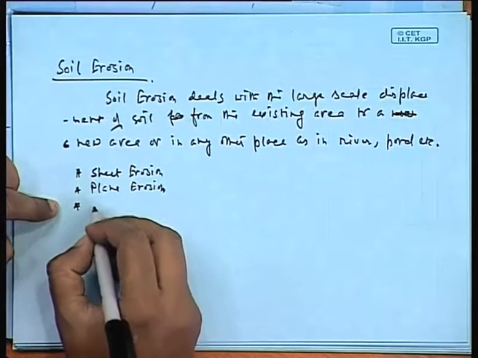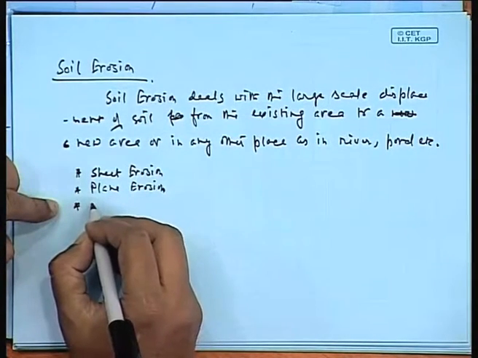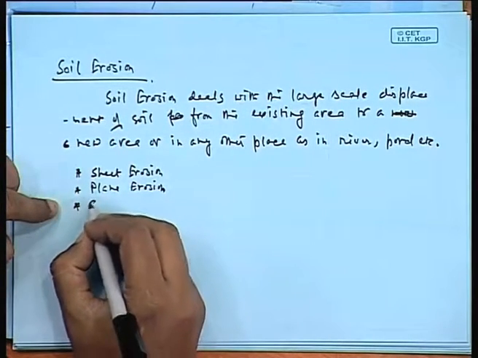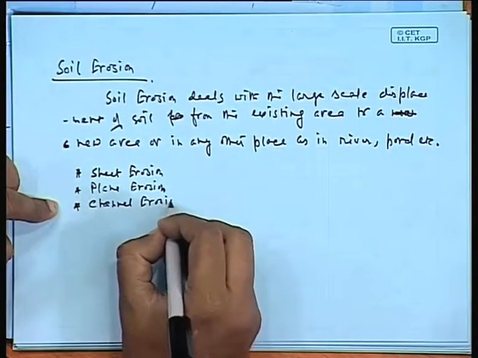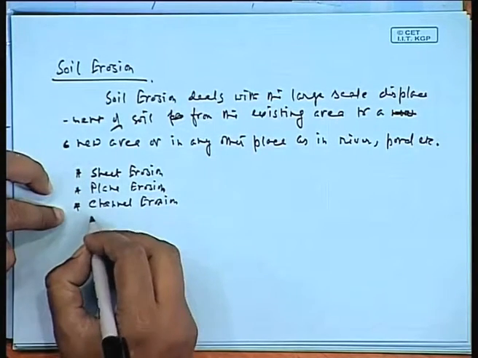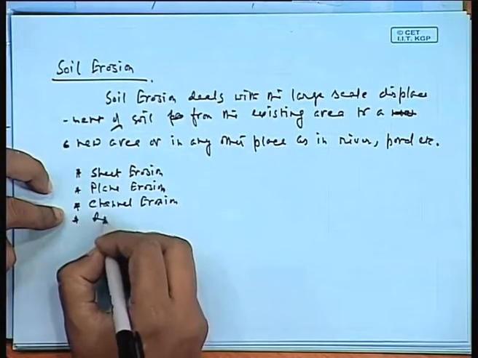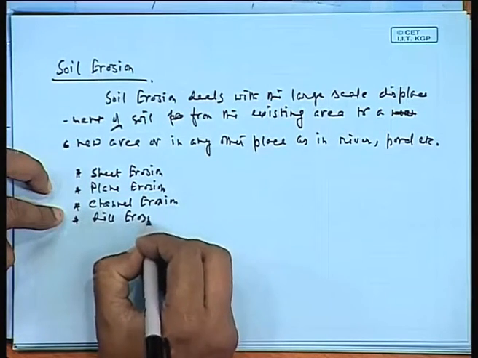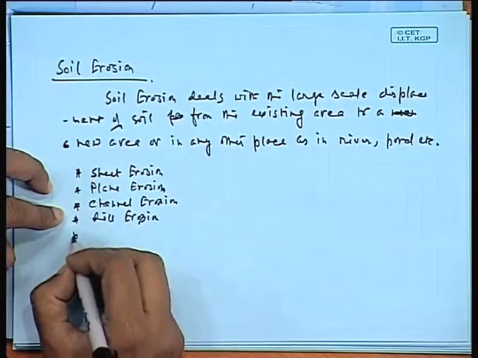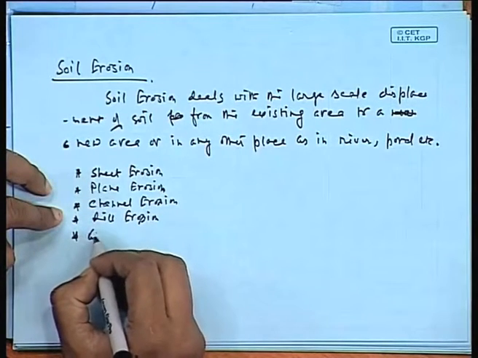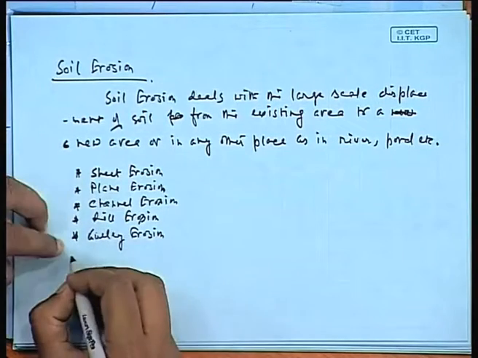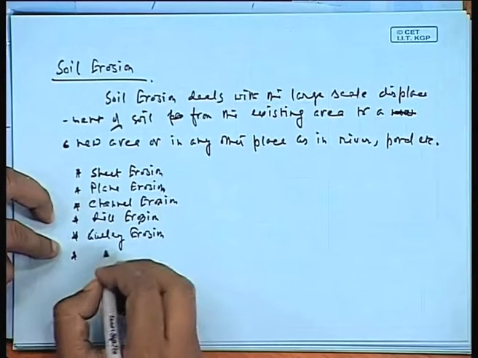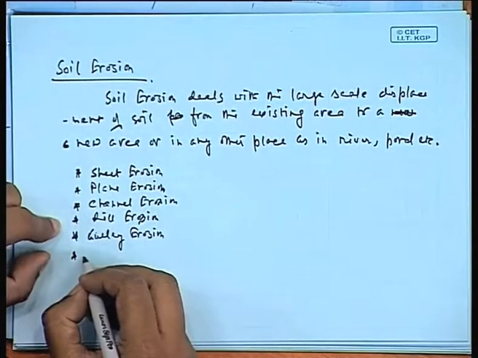The third one is channel erosion, and then rill erosion, and finally gully erosion. We will also touch a little on landslides, which are also a part of erosion.